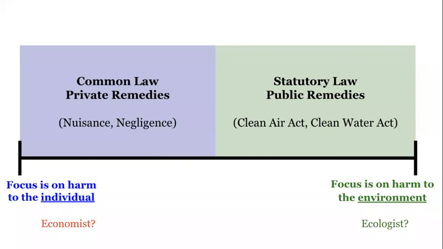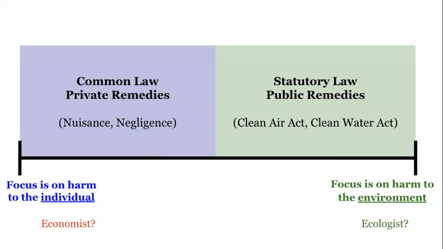What we can ask ourselves, again, to go back to our cartoon economist versus cartoon ecologist, is that common law remedies really embrace maybe some of that economist point of view, particularly when we're talking about how the harm is controlled and where the remedies are focused. The remedies are focused on harm to the individual, to the human being, generally speaking.